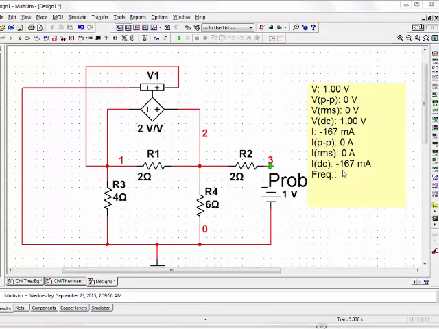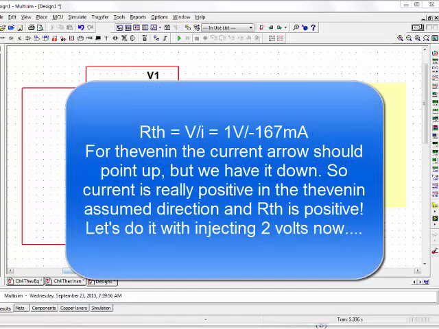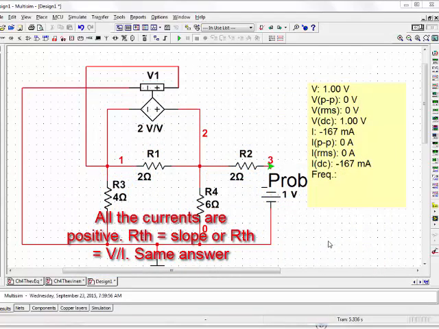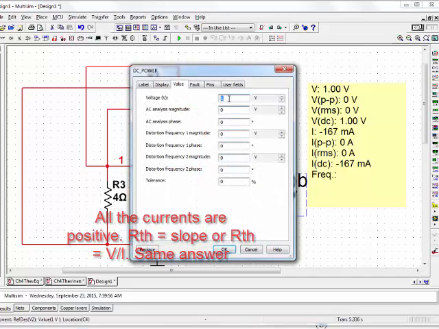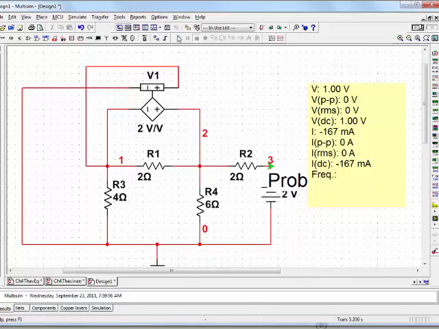Notice that I have a negative direction there, which is a negative resistance. If I put 2 volts in there and run it again, then at 2 volts we have that value.